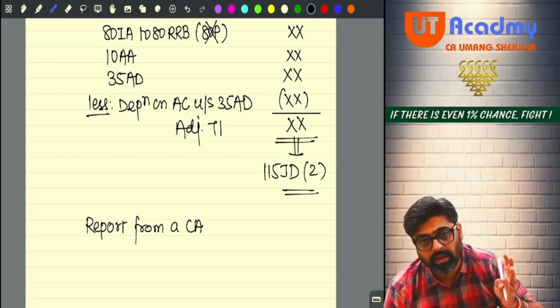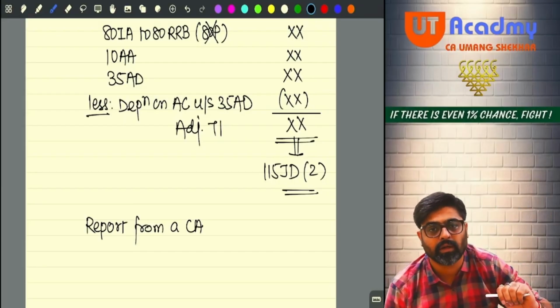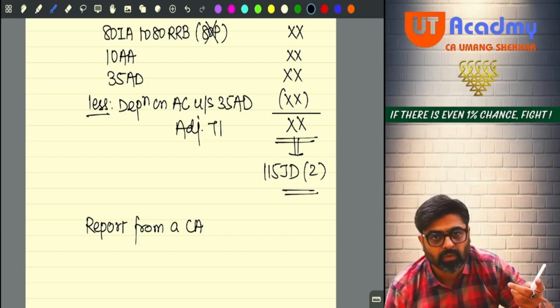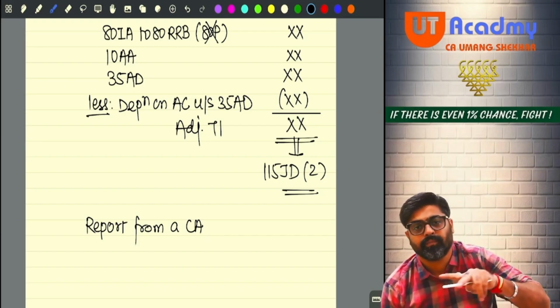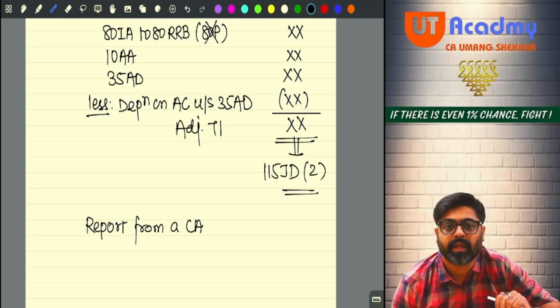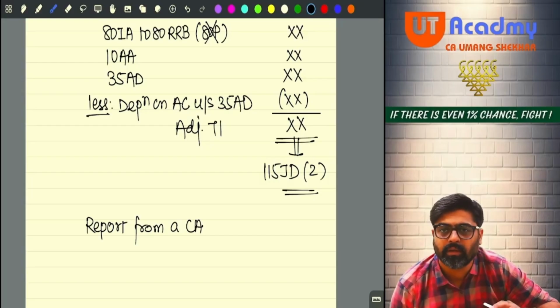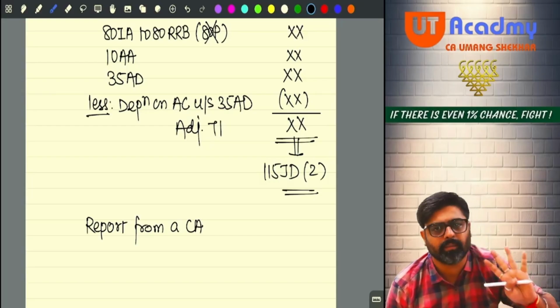Now after claiming all these, the total income was this much, you are showing that your adjusted total income is this much. Is this adjusted total income getting tallied with the adjusted total income which should be calculated based on this report, yes or no? If there is some discrepancy, everything will be given in that report.